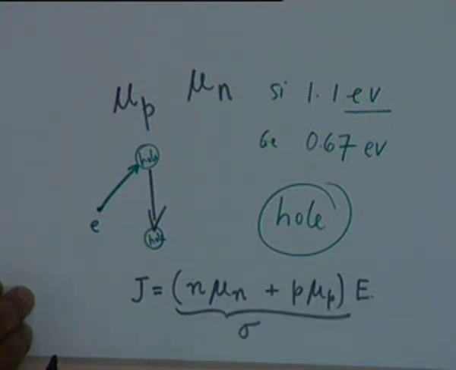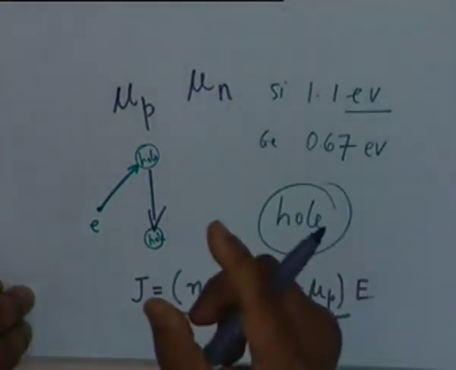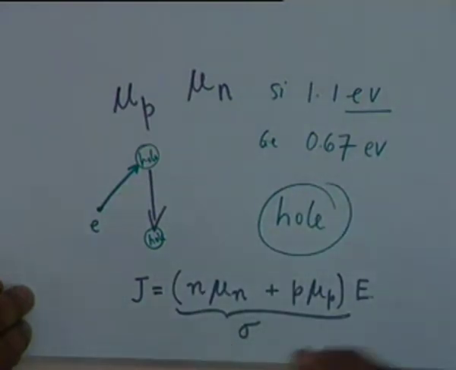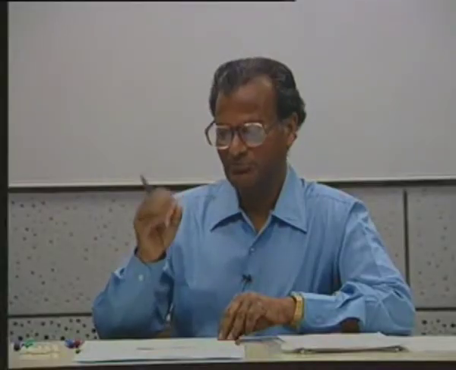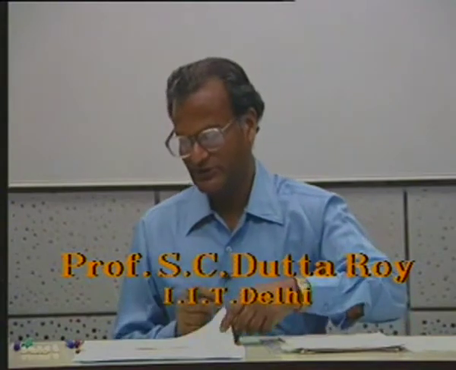You should appreciate at this point that in an intrinsic or a pure semiconductor, at any temperature the number of electrons and holes should be the same. Isn't that right? Because every time you create a hole you have knocked out one electron. So one negative charge, one positive charge. This is the story in a pure semiconductor. If it is impure, then the situation is quite different, which we shall come to.